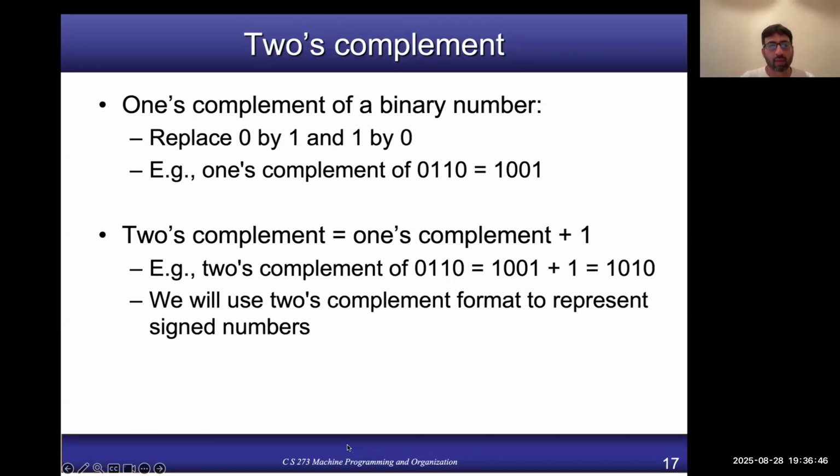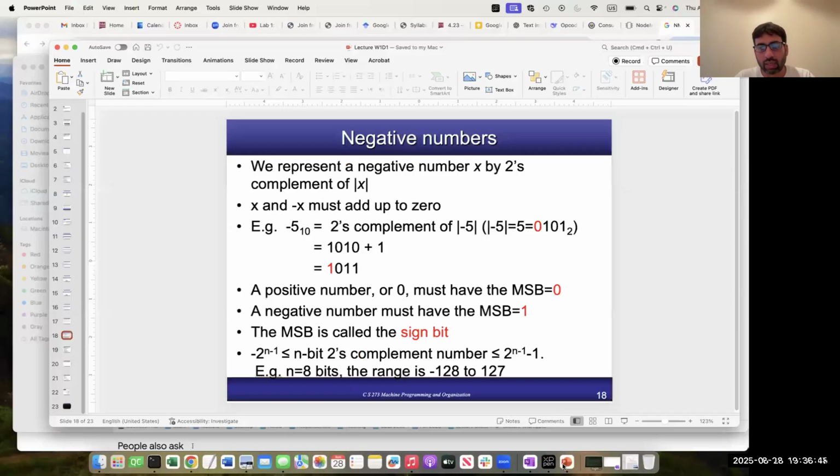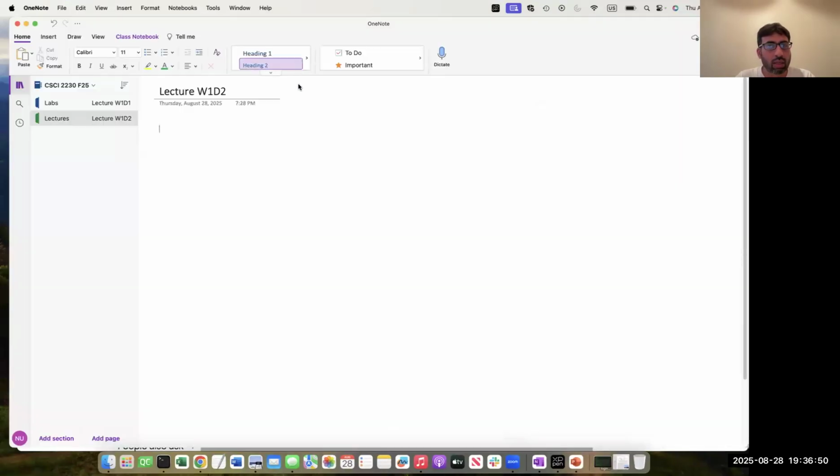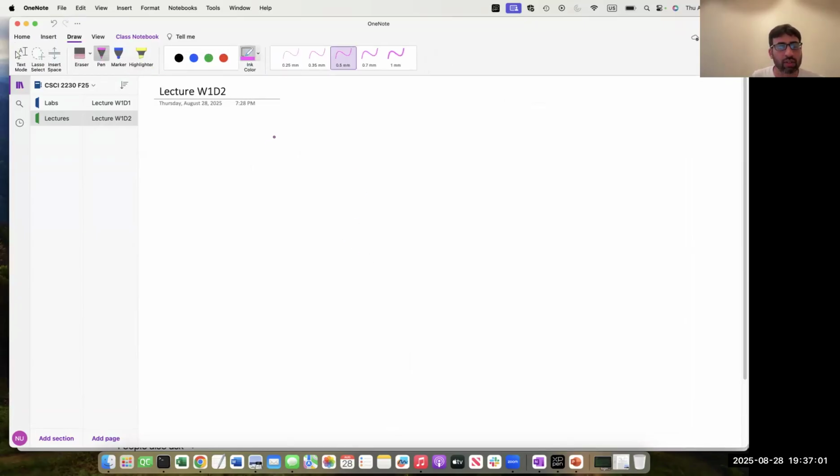Let me then go back to the notepad and do an example for you. Let's say that we have a 3-bit binary number, like bit 0, bit 1, bit 2.